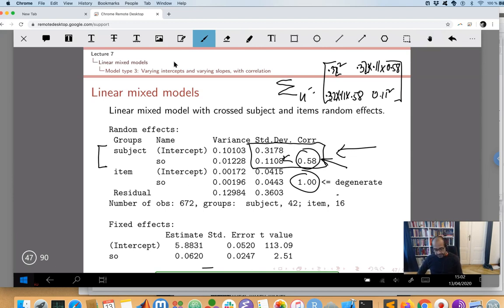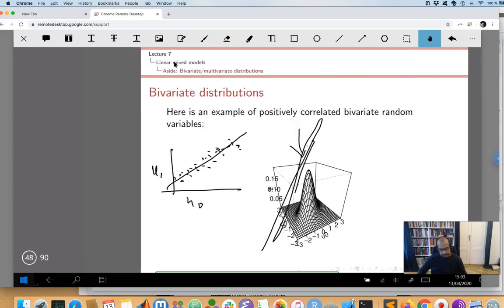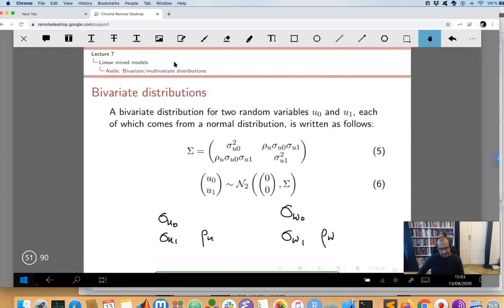Now what I'm saying here is that this number 1 is degenerate. What that means is that this correlation makes the variance covariance matrix, this matrix here, degenerate.